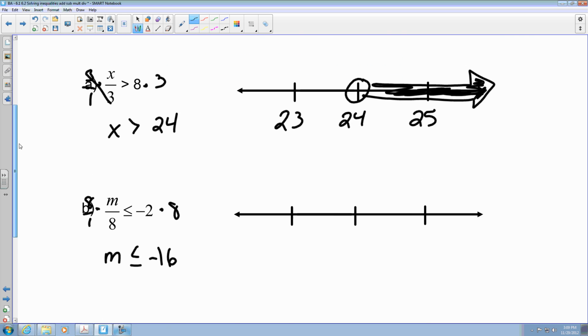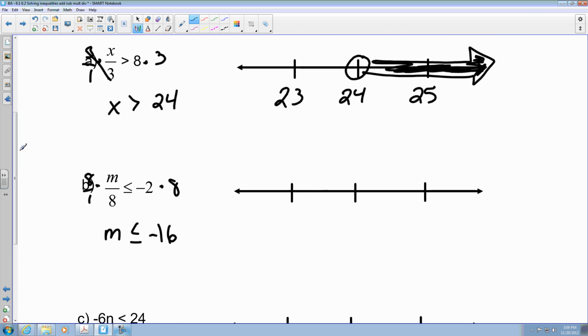But here we multiplied by 8, a positive number. Just because we have a negative number in the problem doesn't mean we automatically change the direction of the inequality. It only happens when we multiply or divide by the number that's attached to the variable.